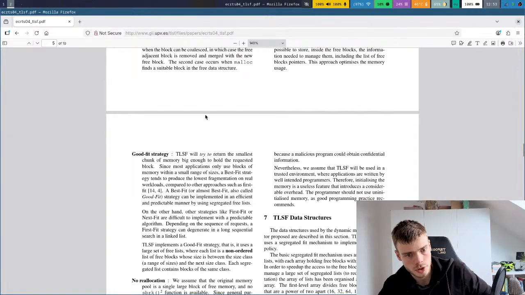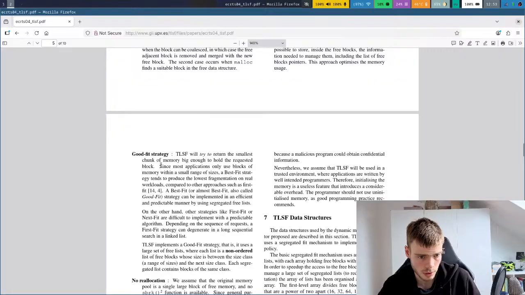Good fit strategy. TLSF will try to return the smallest chunk big enough to hold the required block. Most applications only use blocks of a range of sizes. Best fit tends to be appropriate for applications with real-time workloads.